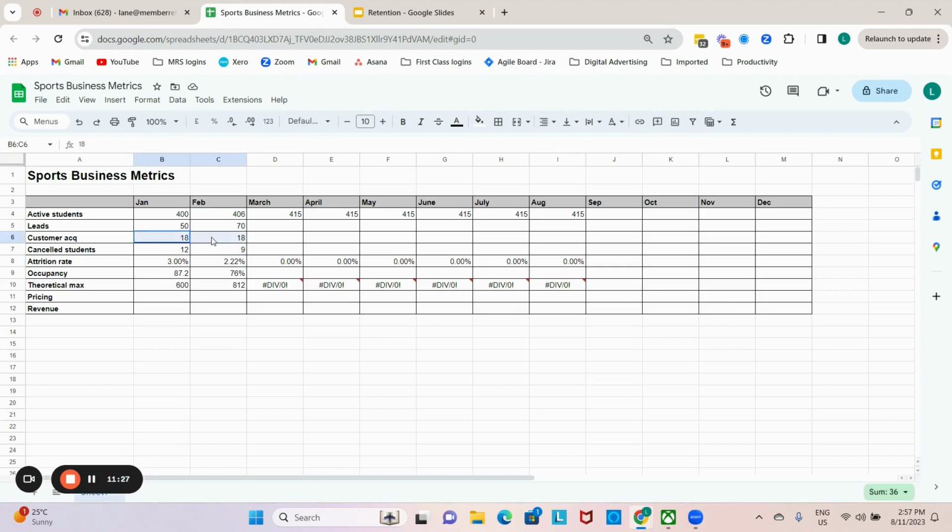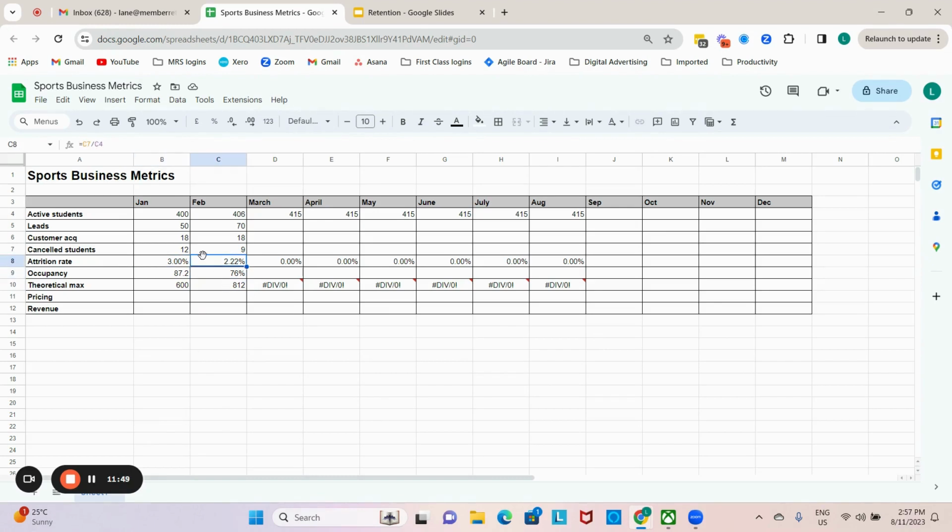We have the same customer acquisition rate, but we have a 2.22% versus 3% attrition rate. And I've actually grown my max enrollment by over 200. Like, how awesome is that in terms of potential?